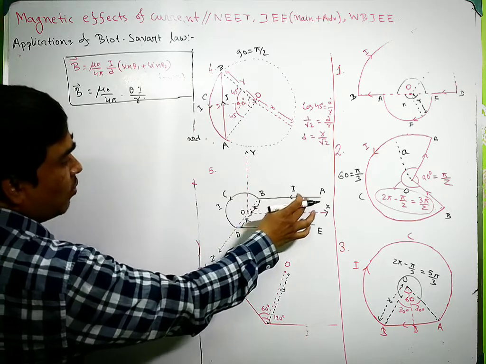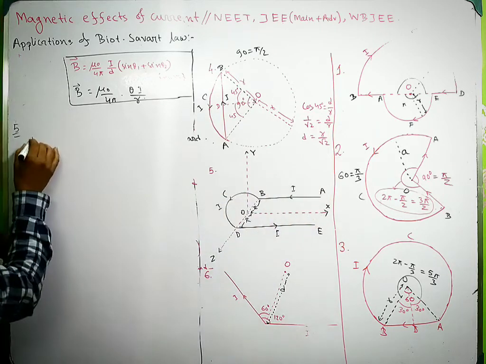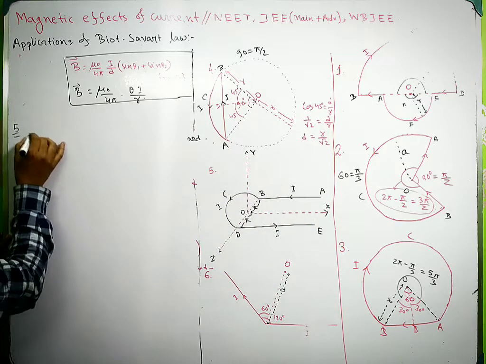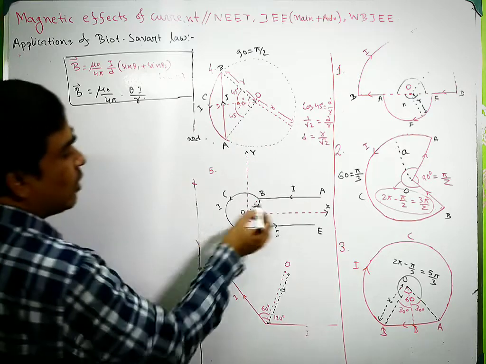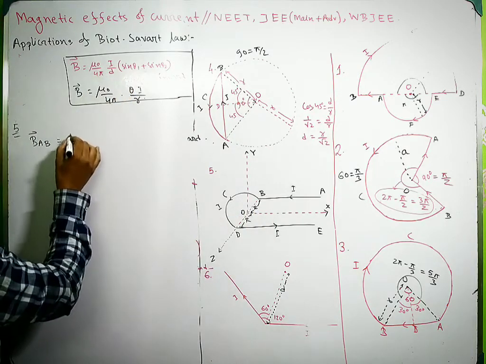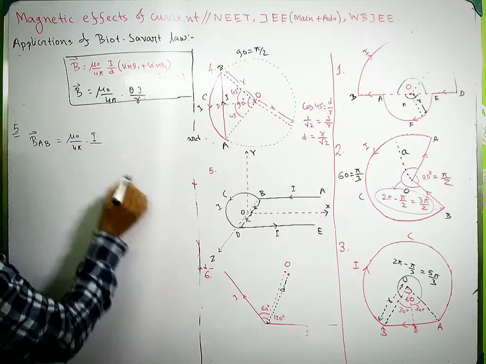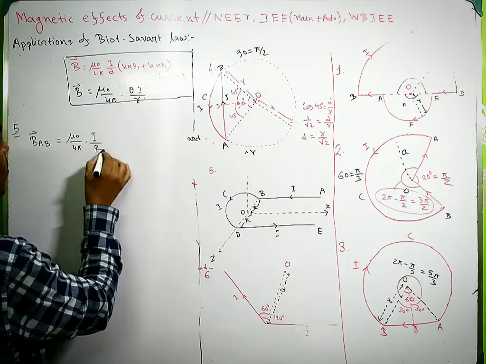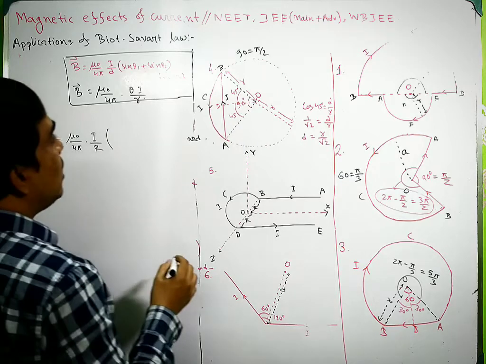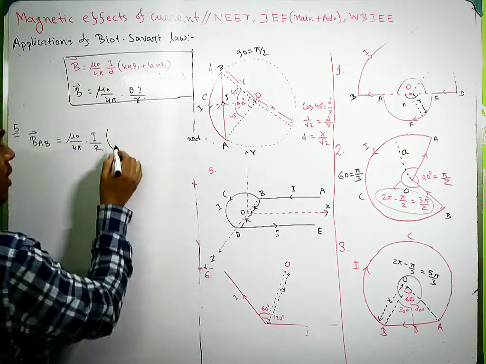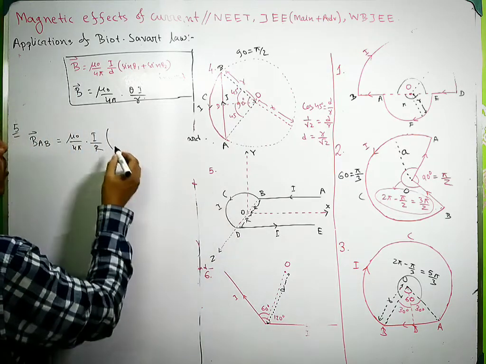The magnetic field for the AB portion is given by this equation, mu 0 by 4 pi I by D, where D means R. Here sin theta 1 and sin theta 2: one is 0 and the other is 90 degrees.